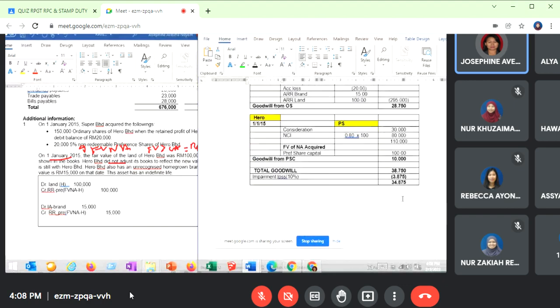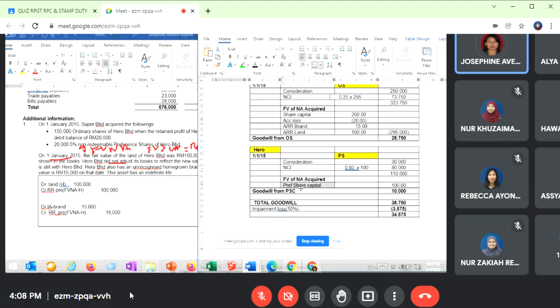What about the preference share? For the preference share, it will be the consideration plus also the NCI who have a share 80%, and the FVNA is only the preference share capital. All this residual asset, the reserves, doesn't go to preference share. All goes to the ordinary share. They have the residual asset.